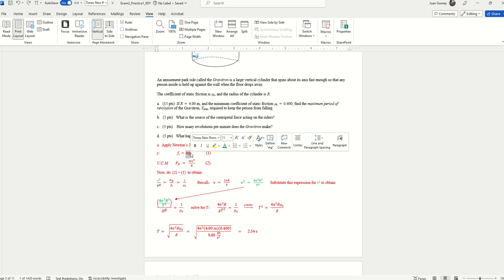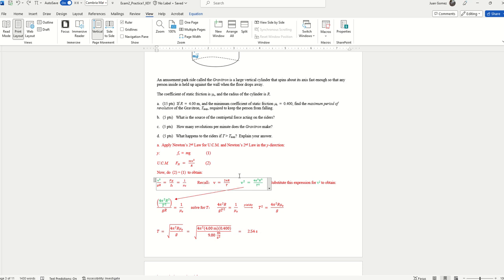When I take 2 divided by 1, the m's cancel and I get v squared over gr. So v squared over gr is equal to Fn over Fs, which is 1 over the coefficient.